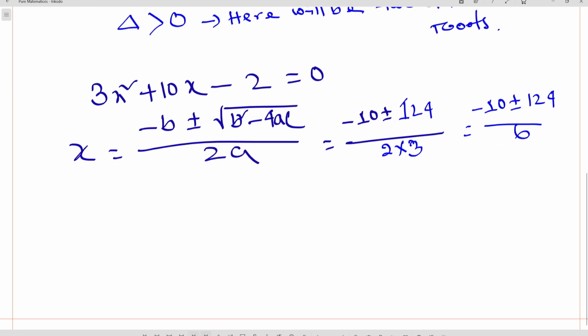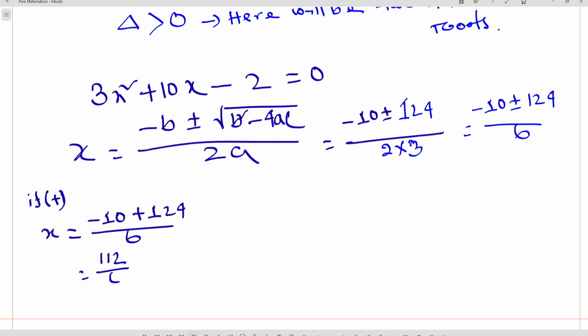Now if we consider plus, if positive, x equals -10 plus root 124, divided by 6.